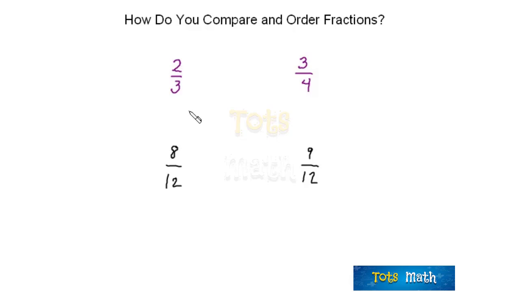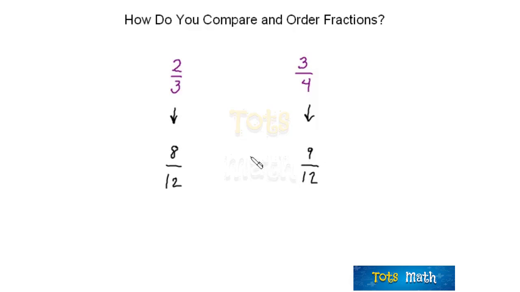So 2/3 means the same thing as 8/12, and 3/4 means exactly the same thing as 9/12. So we've made equivalent fractions. And now that our fractions have the same denominator, we can just compare the numerators. And we know that 8 is less than 9.